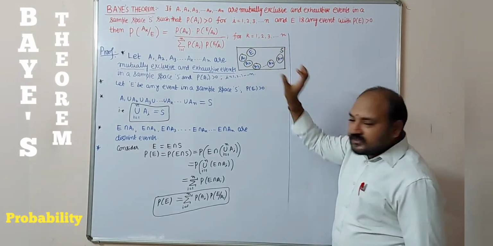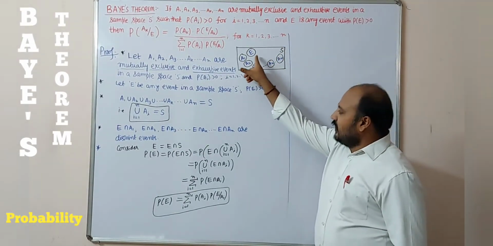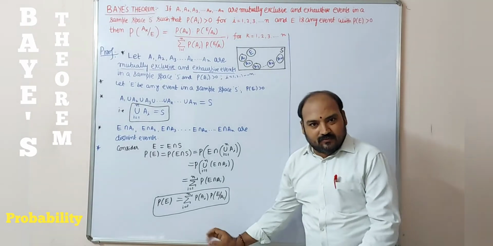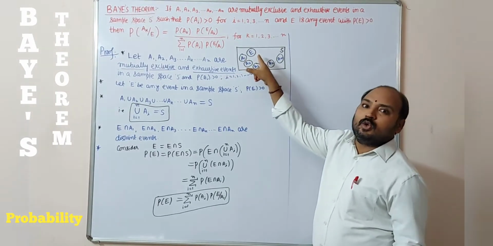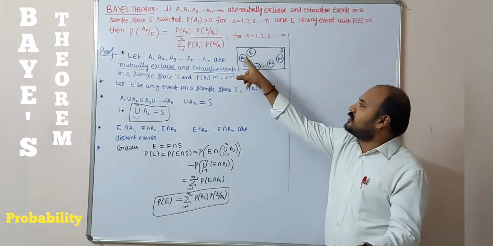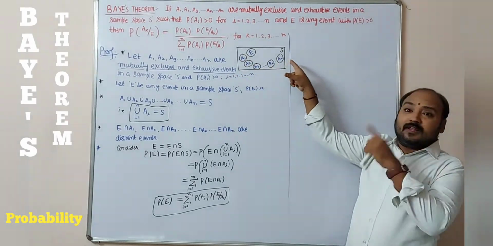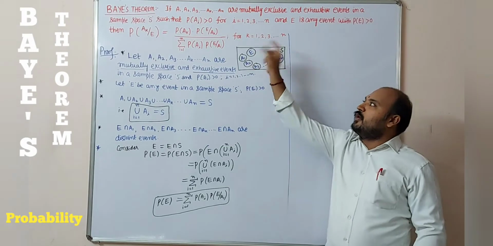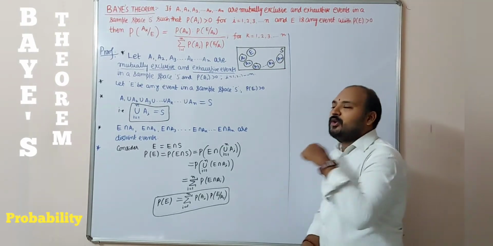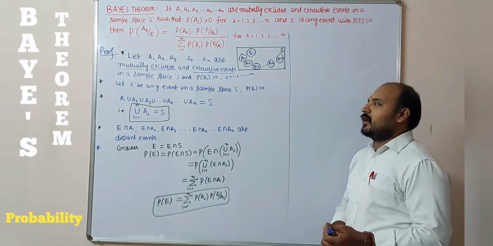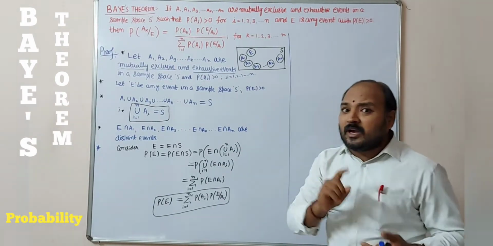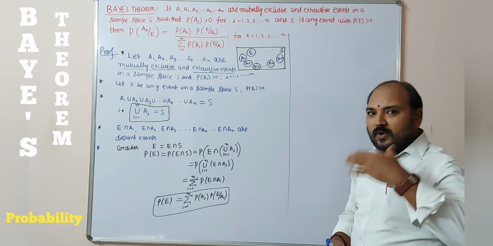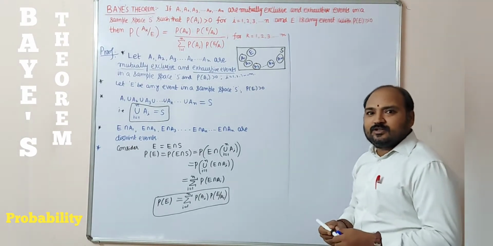To calculate the first or second or third or kth or nth event of A, when we know the probability of E, we need to apply Bayes theorem. This Bayes theorem is completely based on conditional probability, which we also discussed in the earlier classes, dear students.